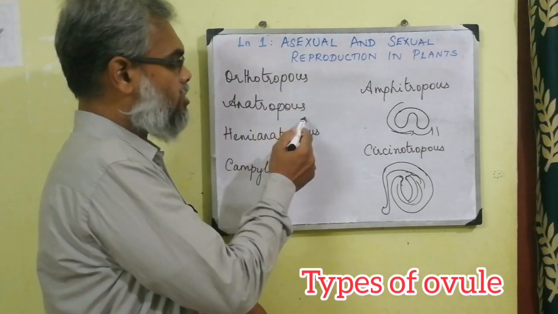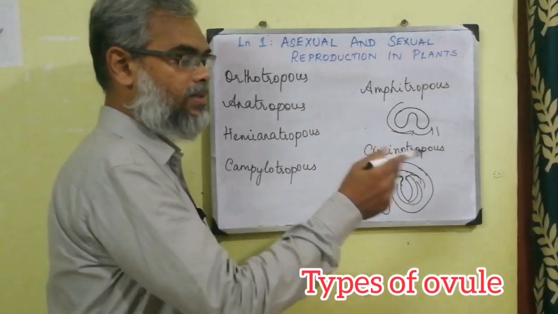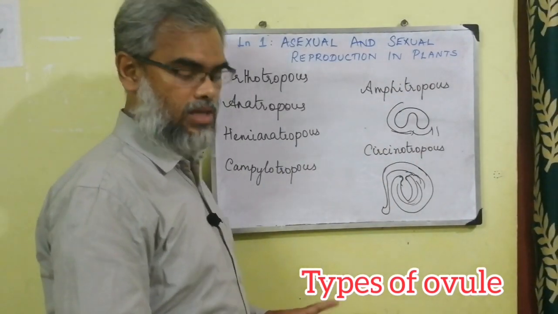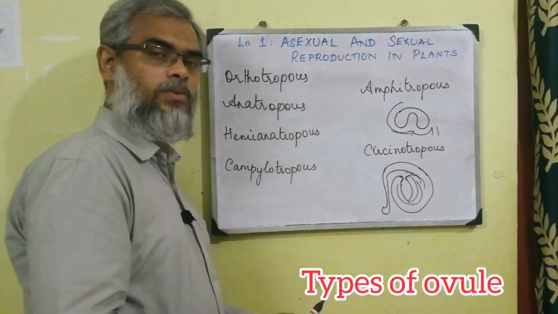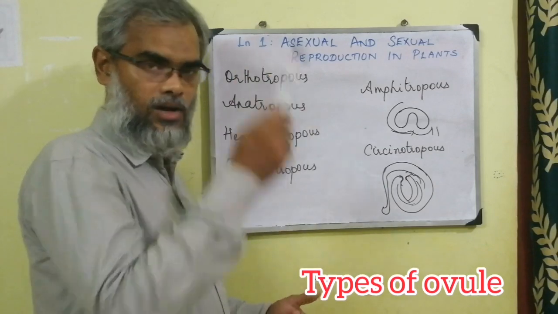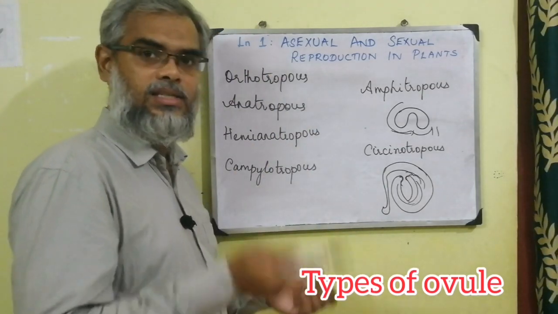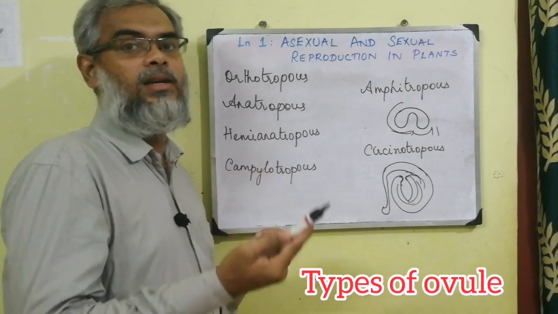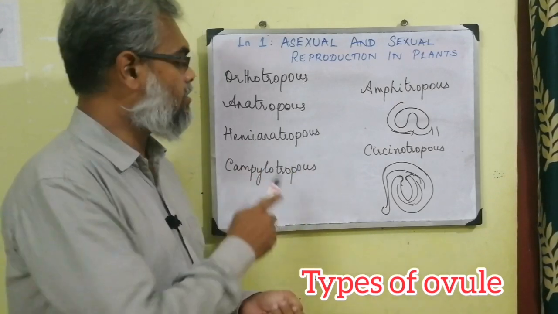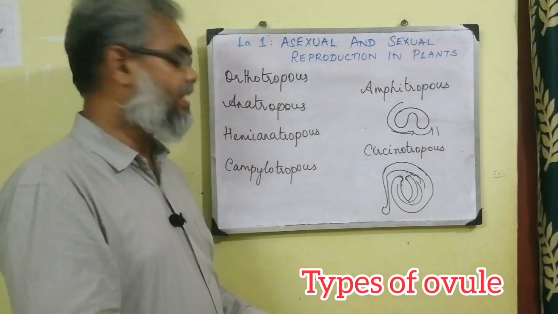Orthotropous, anatropous, hemianatropous, campylotropous, amphitropous and cercinotropous. Again, in orthotropous, everything lies straight: the funicle, chalaza and micropyle all lie in a straight line. Anatropous is our normal one, where the funicle and micropyle lie close together. Hemianatropous, they are held at right angle.